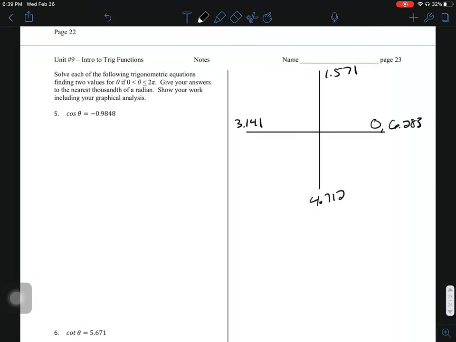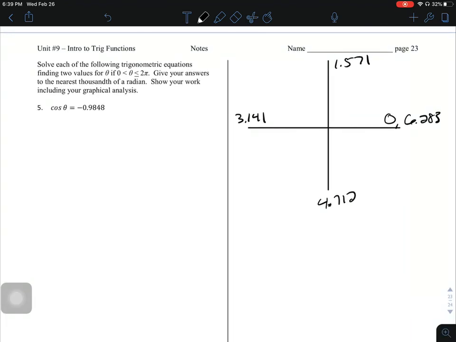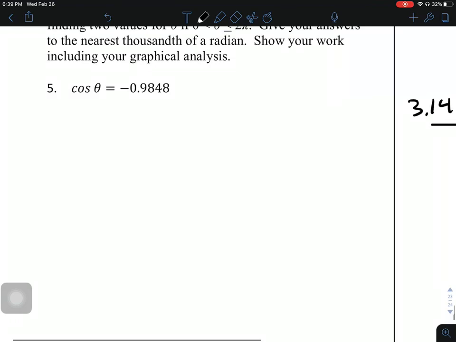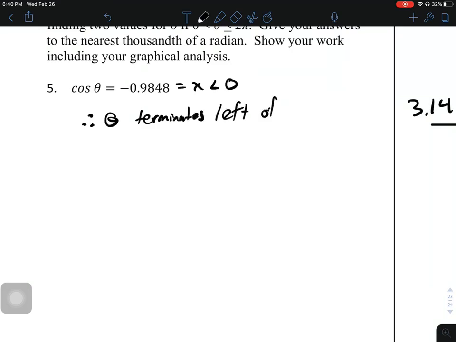All right, number 5, we have cosine of theta. Cosine of theta, what quadrant is this going to fall into? Well, this is equal to x, and that's less than 0. Our conclusion, theta terminates left of the y-axis.